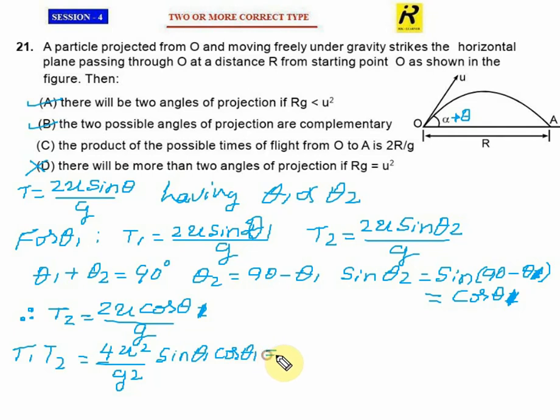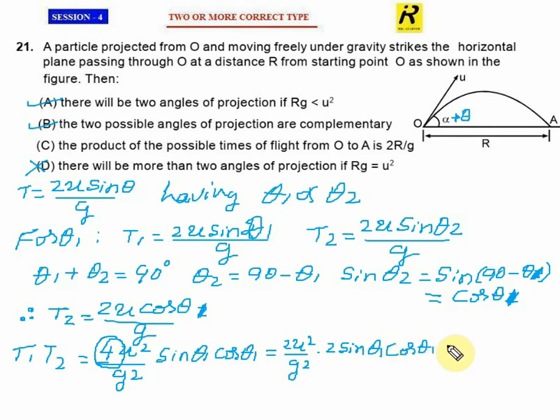I made a mistake earlier, so you should read it as theta 1: 90 minus theta 1 gives cos theta 1. So the product becomes sine theta 1 into cos theta 1. The 4 can be written as 2 into 2, so I write 2u square divided by g square into 2 sine theta 1 cos theta 1.